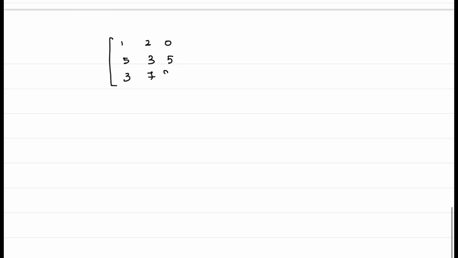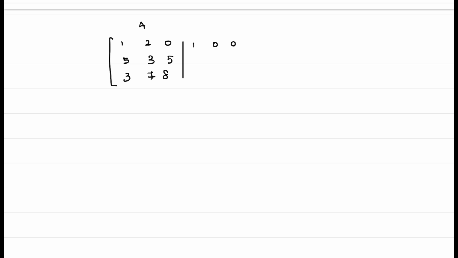Next, let us take the example. I will write the augmented matrix directly without wasting time: 1 2 0, 5 3 5, 3 7 8, and I put the line, 1 0 0.